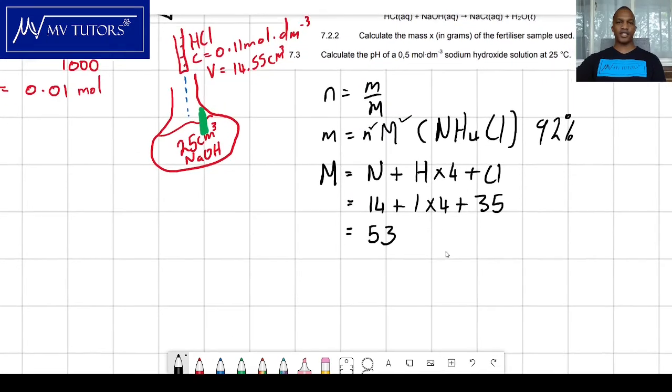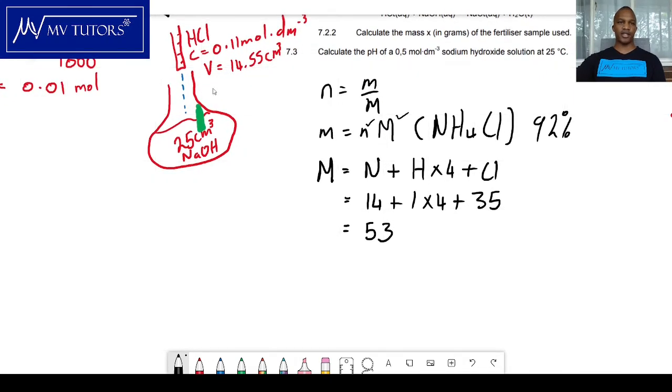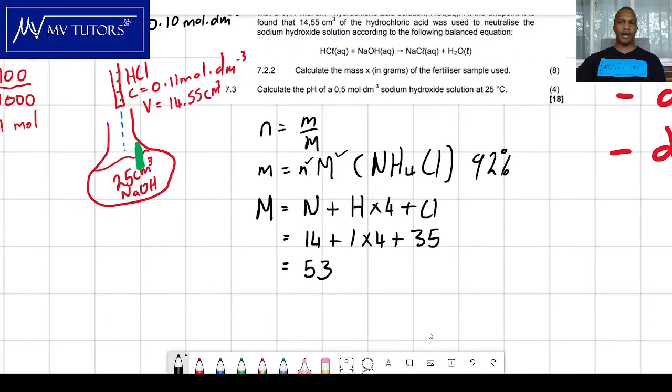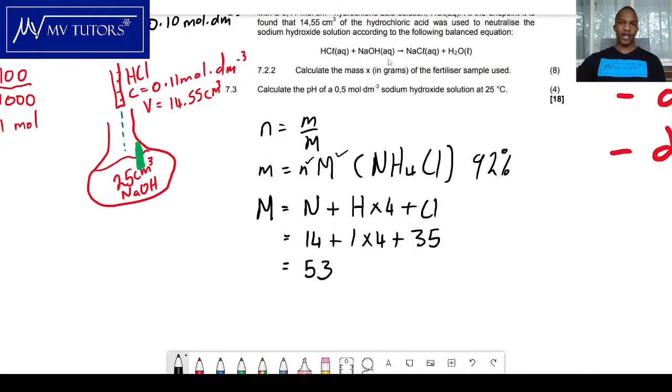Okay, so let's start here at the end. So at the end there, what we have is this formula, HCl plus NaOH. Okay, so we have information on HCl, and then we can find the number of moles because we can see it's 1:1, so we'll find the ratio there. So let's start there.